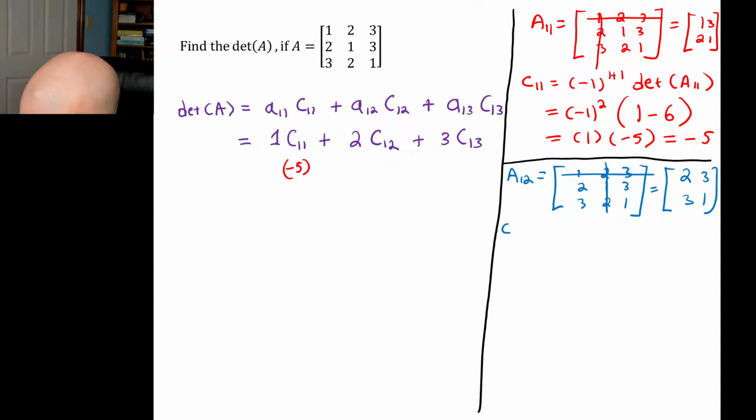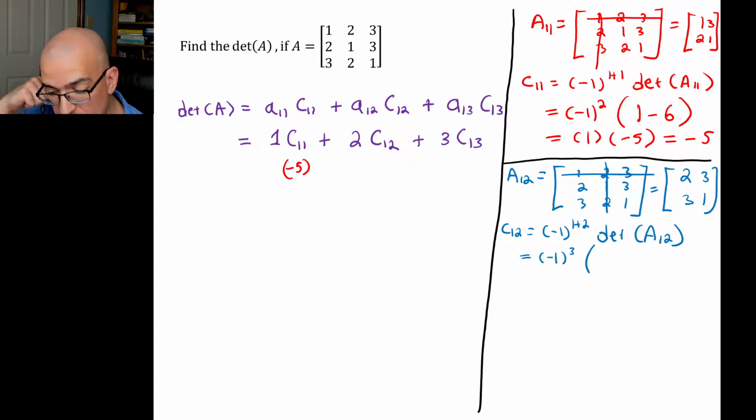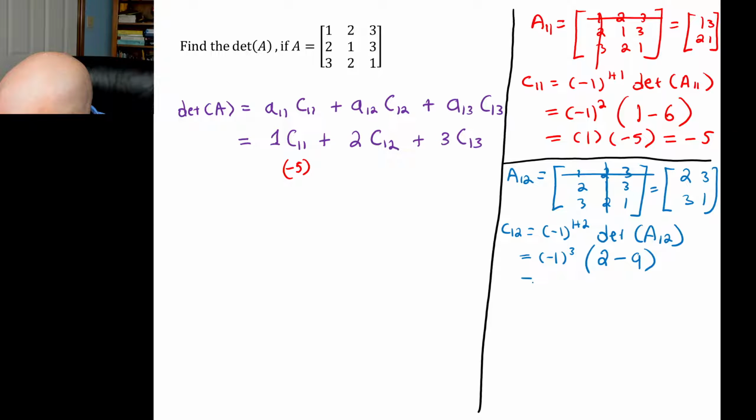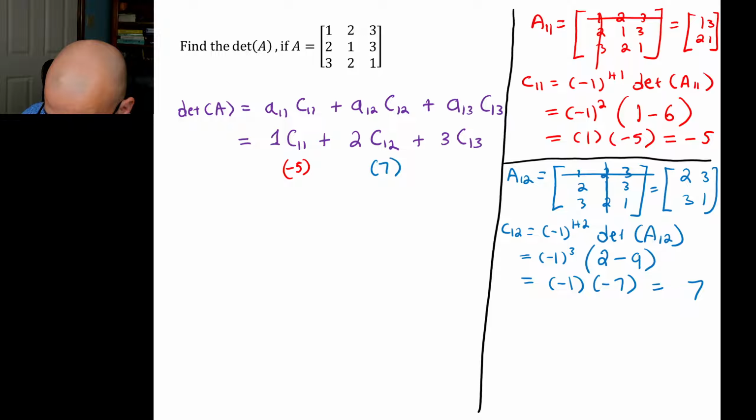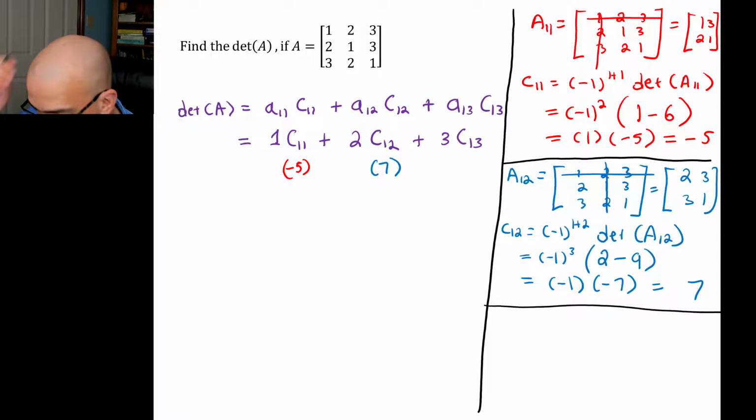Then C12 is negative 1 to the 1 plus 2 times the determinant of A12. So negative 1 to the 3 times the determinant of A12. We do down products minus up products: 2 times 1, 2, minus 3 times 3, 9. So we get negative 1 multiplied by negative 7, which is positive 7. I'll put that one here. And then the last cofactor calculation, we're going to need the submatrix A13.